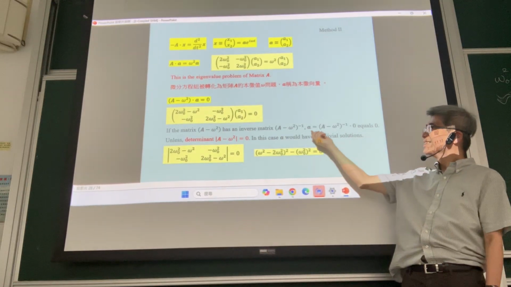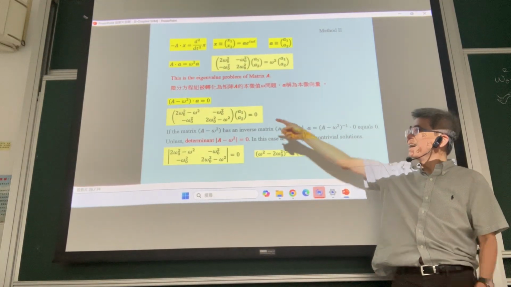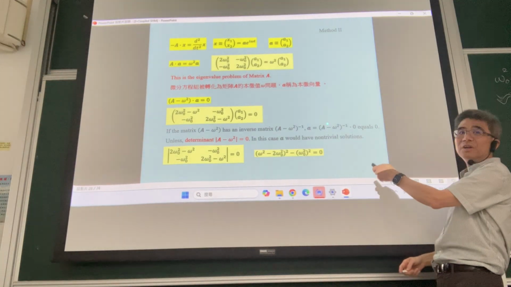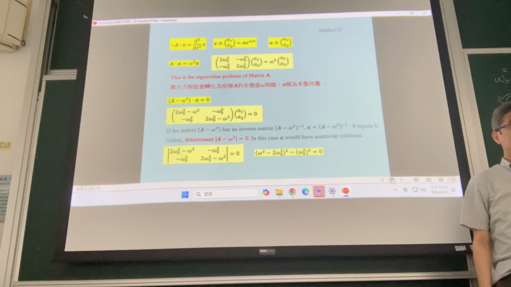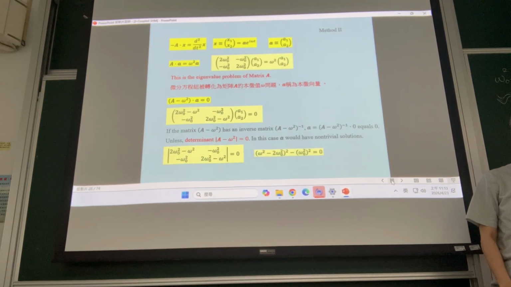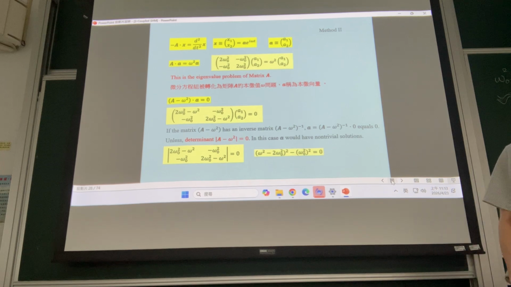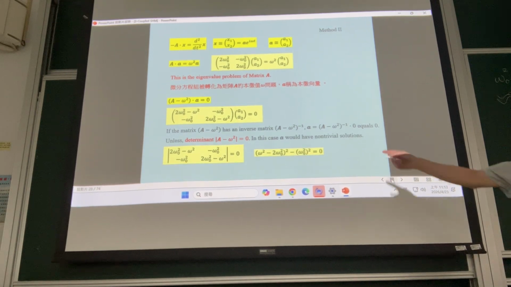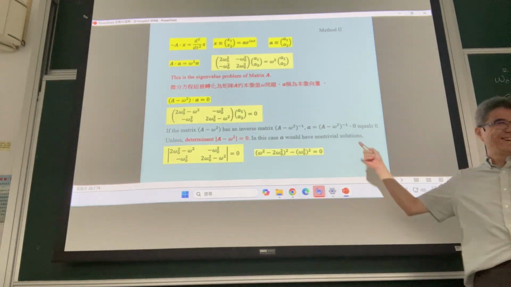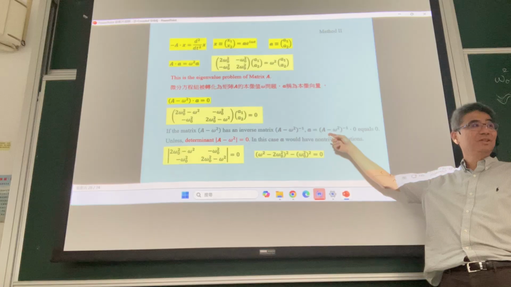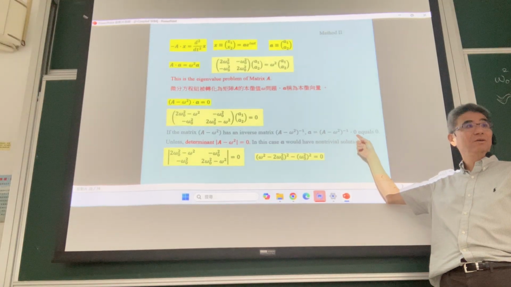So if this guy has an inverse, then A is equal to that inverse times 0. But 0 times anything is 0. Is that right? So inverse times 0 always equals 0.